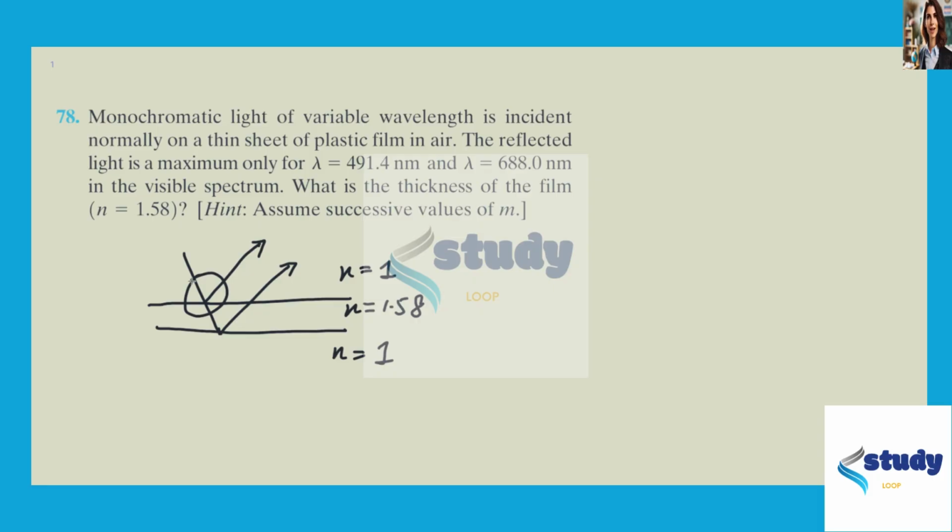But it will not experience a phase shift over here because it's incident onto a boundary with air, which has a lower refractive index than the media that it was initially traveling in.